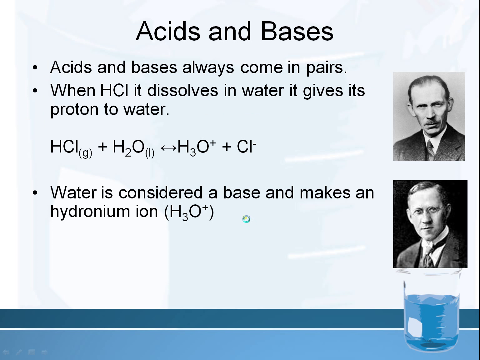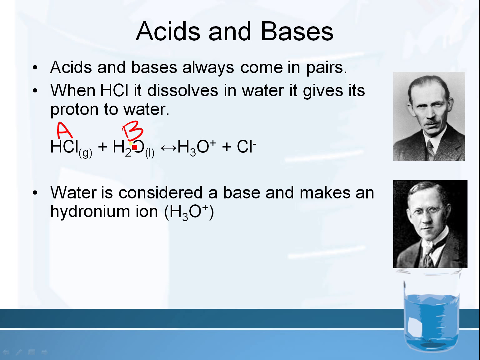According to their definition, acids and bases always come in pairs. So for example, when we put HCl, hydrochloric acid, in water, we would call this the acid, and there always has to be an acid-base pair. In this case, water is going to act like a base.